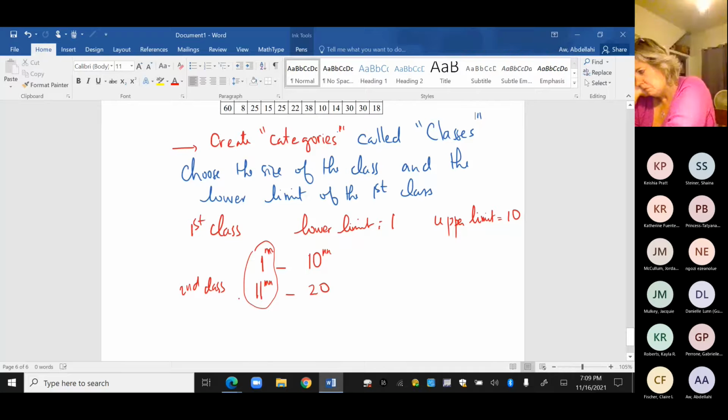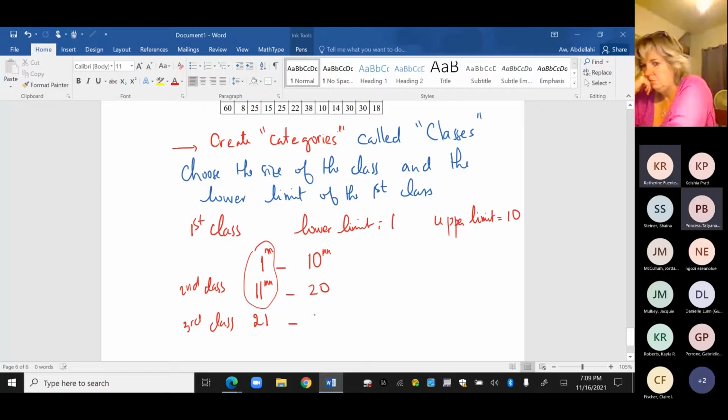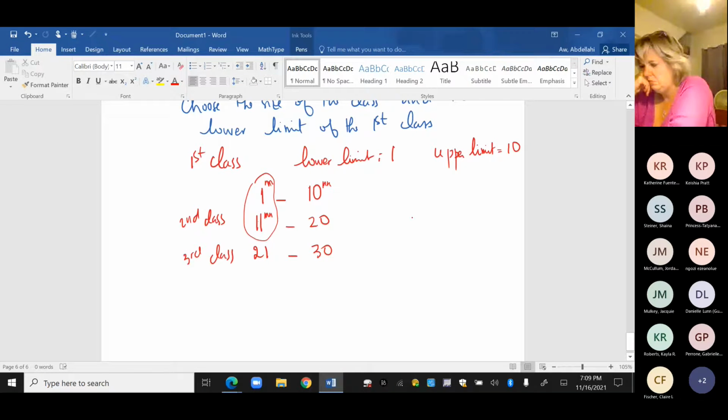What's going to be the third class? From 21 to 30. What is 21 minus 11? 10. What is 30 minus 20? 10, right? Exactly. So the size of the class, or the width, do they use this word size or width?